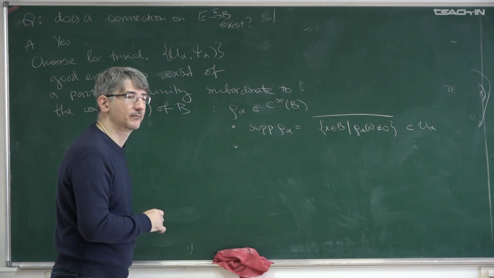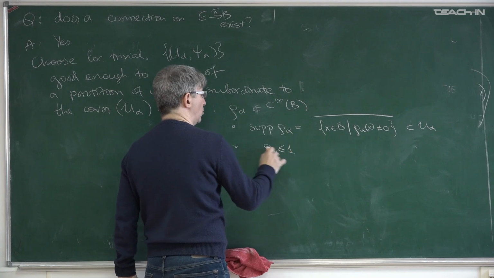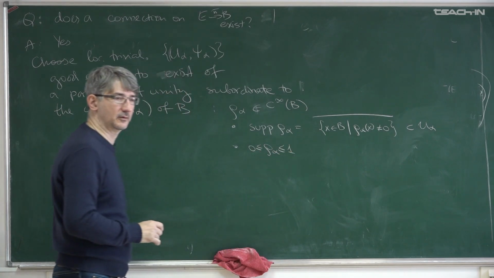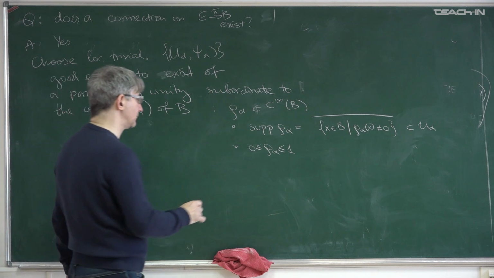Other things. Must be positive. Okay, rho alpha is between 0 and 1. Yes, and each point must be covered only by a finite number of charts.